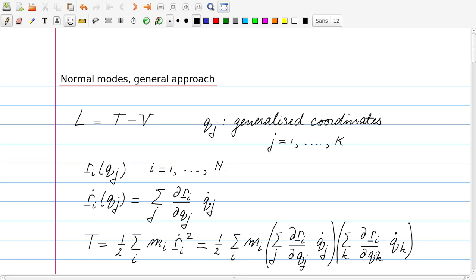I've taken care not to use the same summation variable, so I use here a j and there I use a k, but apart from that these are identical.